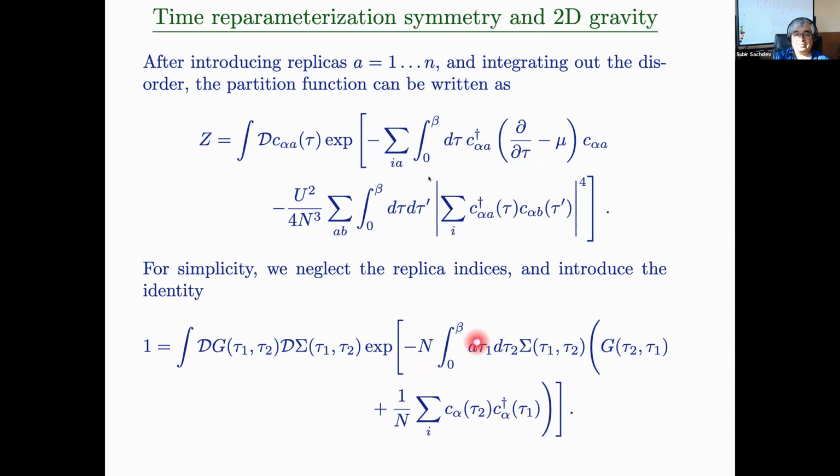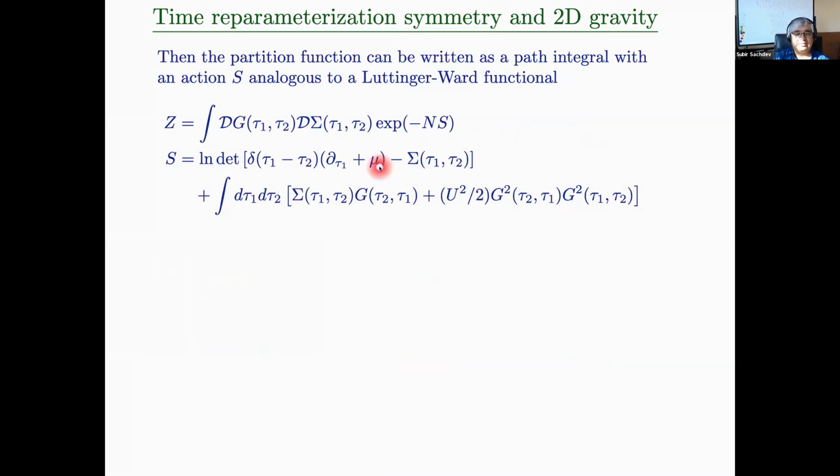And so once you insert this in here, you can do some rearrangement and integrate out the fermions, and you end up with a formally exact representation of the average partition function, which is now an integral over just 2 fields, which are bilocal in time, sometimes called the G-Sigma theory. And this is the form of the action. It's got this log det term and so on.